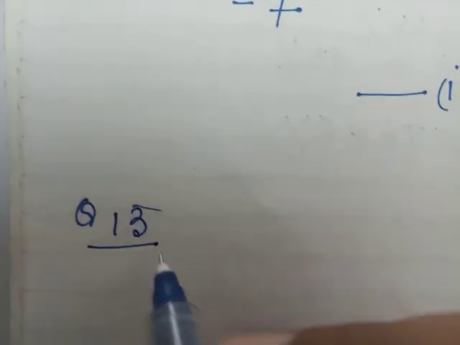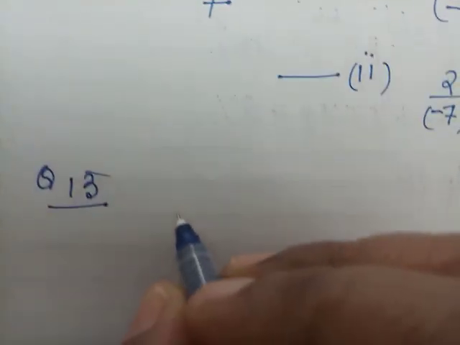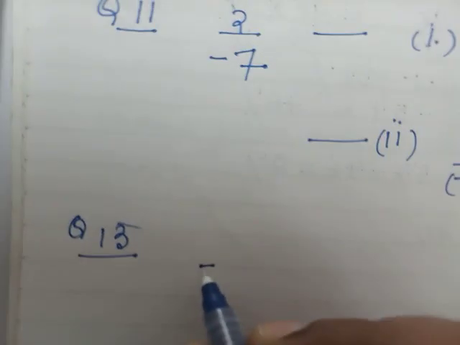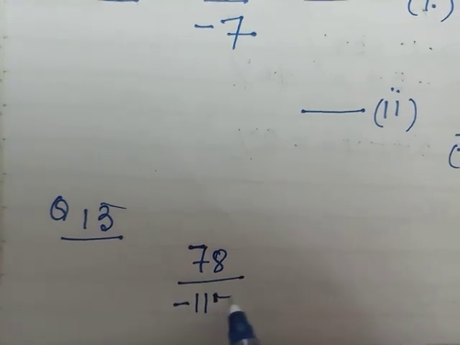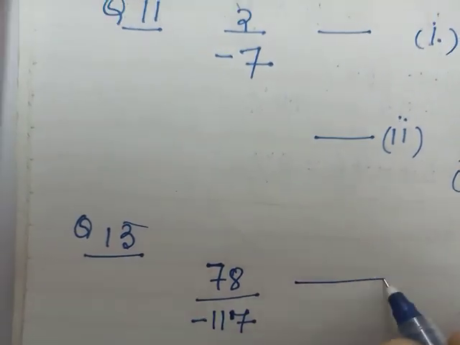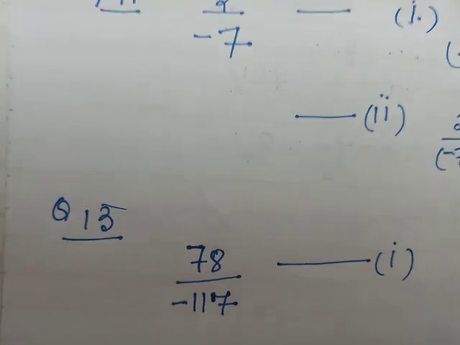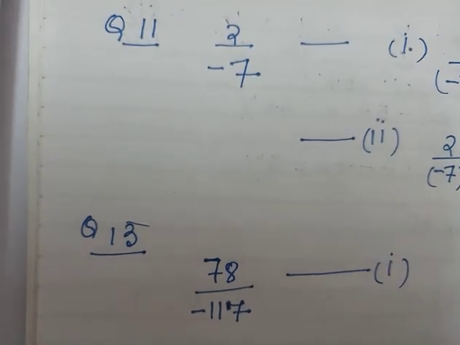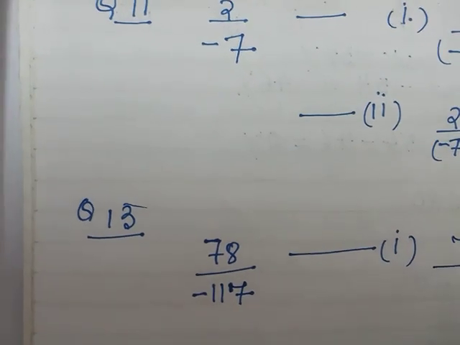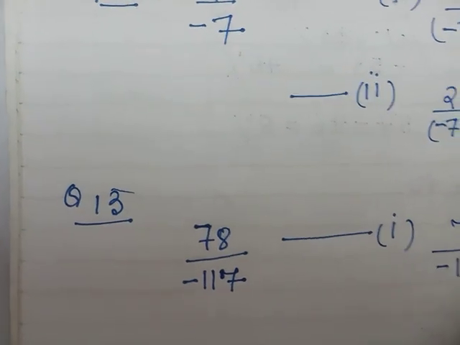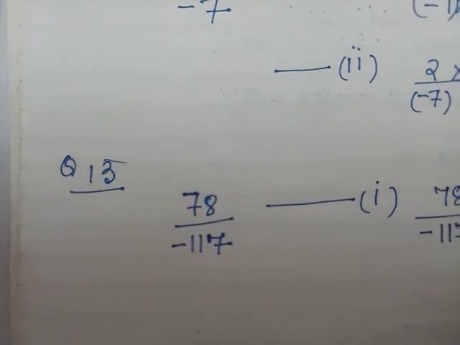Question number 13. The given fraction is 78 upon minus 117. In the first part, we are looking for the numerator to be minus 6.